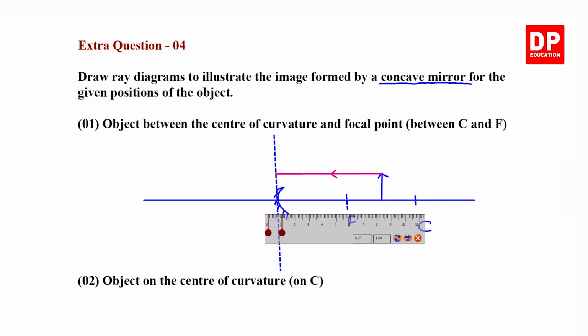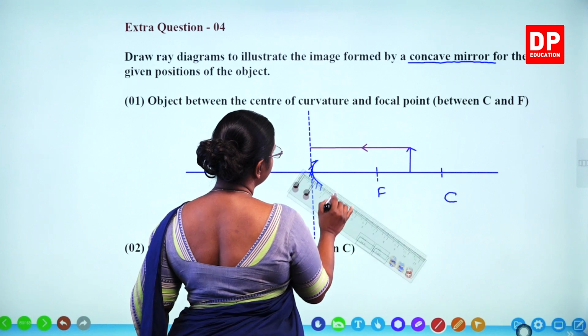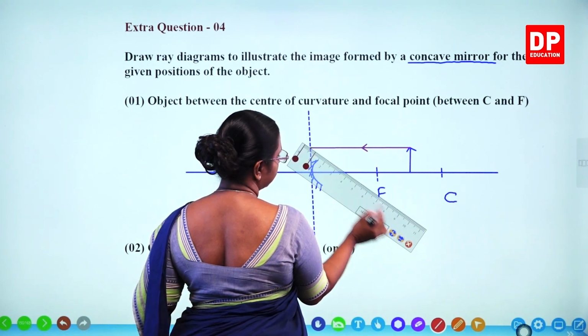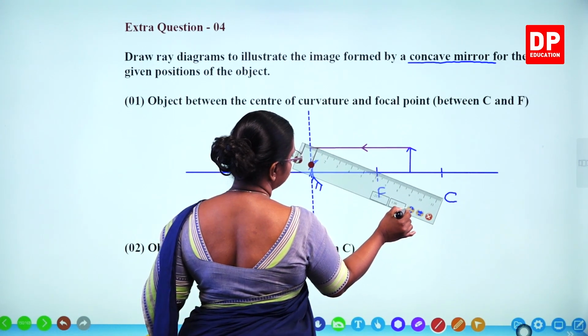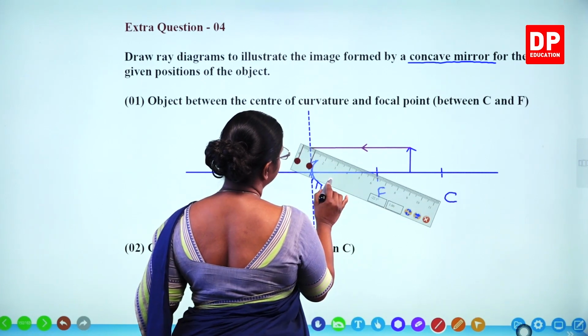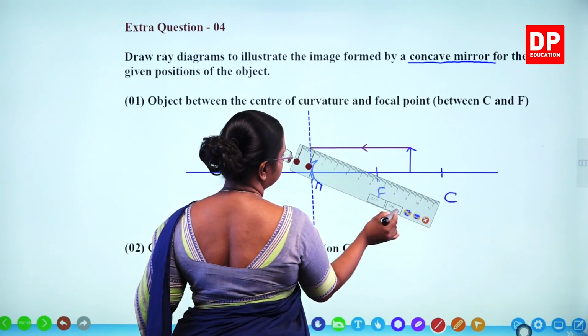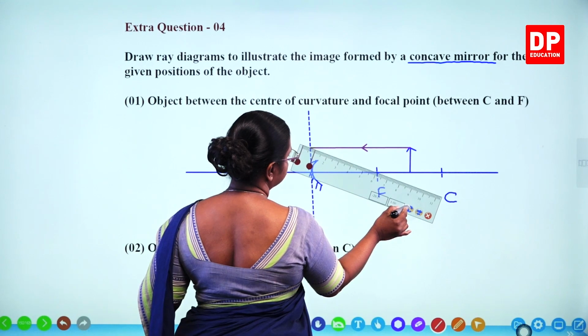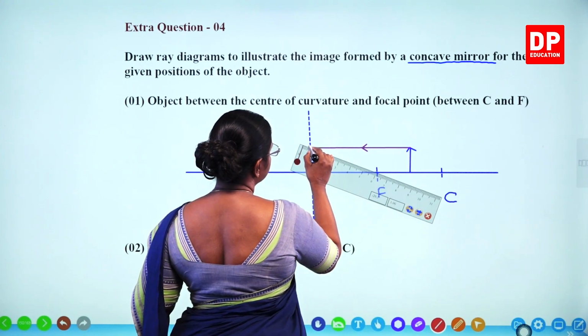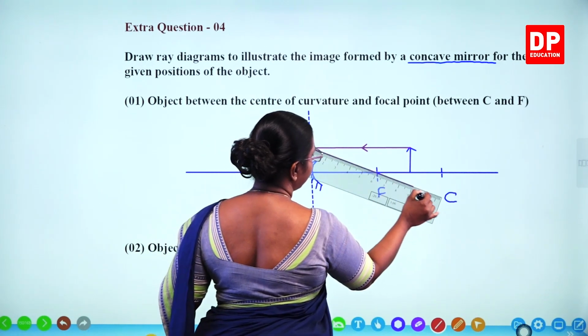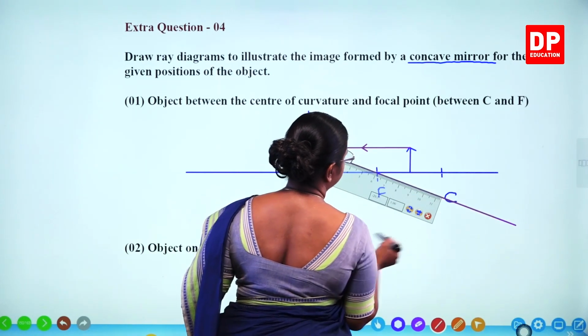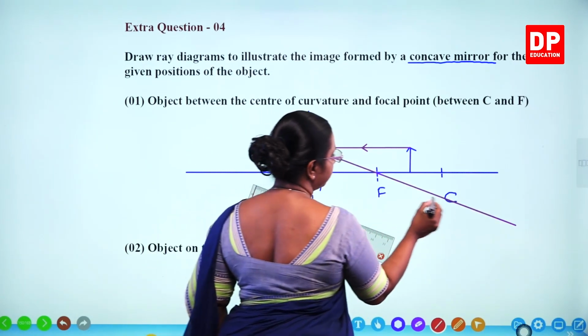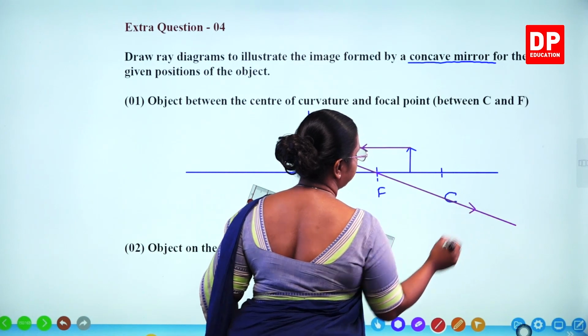How does that reflect? That has to go through F. So this will reflect through F. That is the first ray.